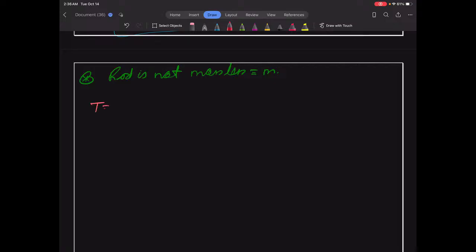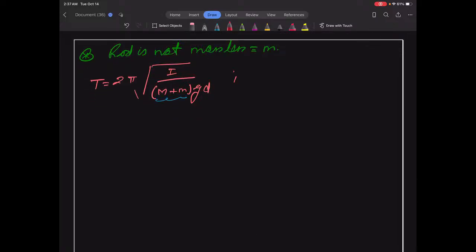Therefore the time period formula is going to remain the same with a slight modification: it will be 2 pi square root of I over, and we have to remember that in the denominator the mass is the total mass of the system, capital M plus small m, multiplied by g and d. I is automatically going to change, but the mass of the system is M plus small m.